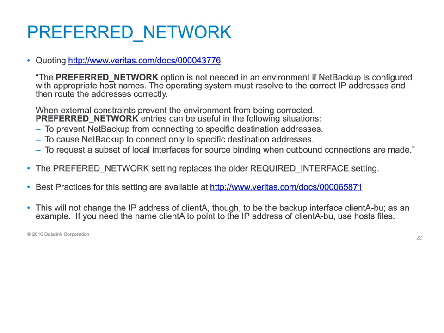But to quote that top tech note, the preferred network option is not needed in an environment if NetBackup is configured with appropriate host names. The operating system must resolve to the correct IP address and then route the addresses correctly. However, if there is an issue with that, then the preferred network setting can be used.